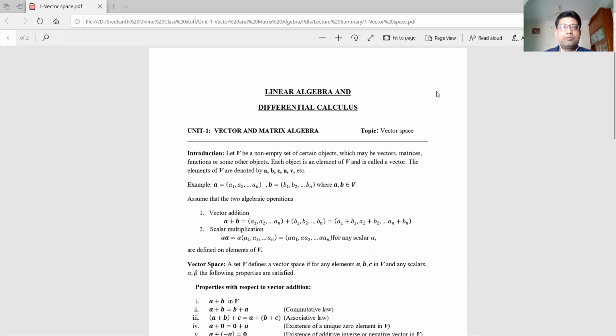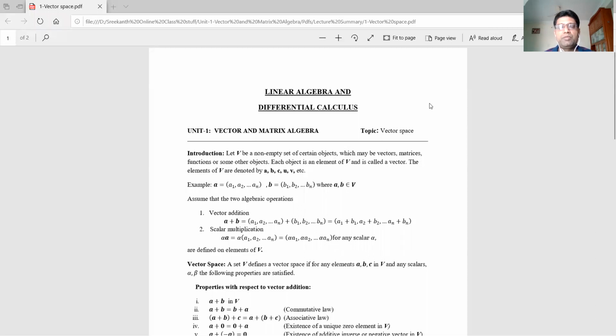In this lecture, we are going to see what is meant by vector space, and we will see some examples on vector space. First of all, we'll see the definition of vector space. Let V be a non-empty set of some objects.